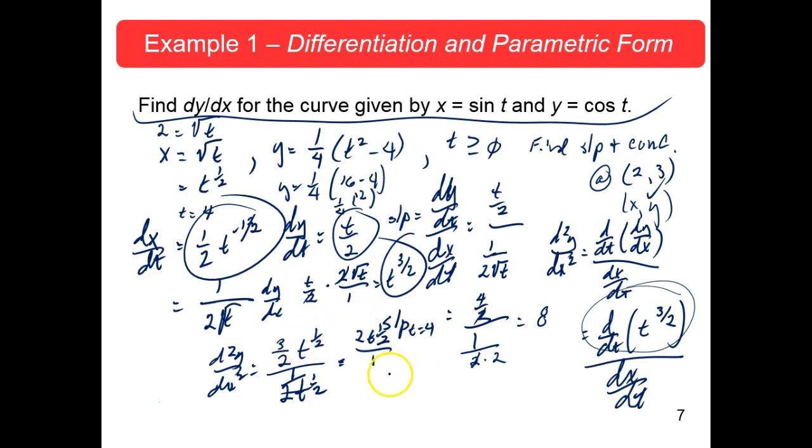And t to the 1/2 times t to the 1/2 is t. And the 2 will go in this. That would be 3t. And what was our t? 4. So this will be 12. Now what does that tell you about concavity?